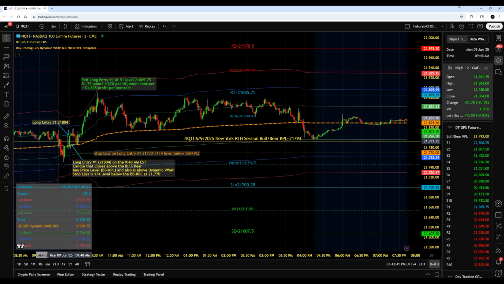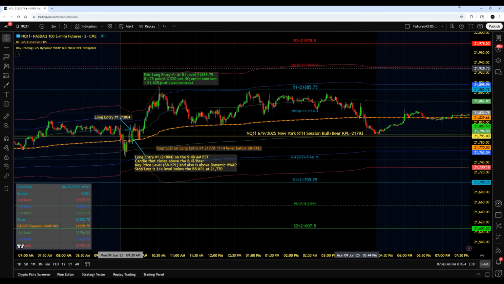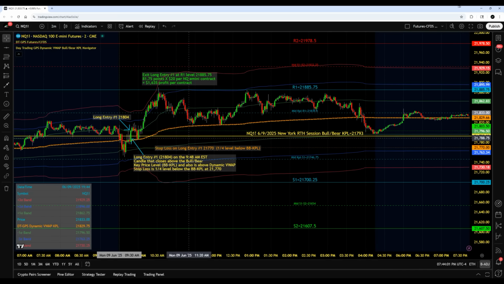Your stop loss would be a quarter level below the bull bear key price level. So that would be 21,770. So your entry is 21,804. Your stop loss is 21,770, a quarter level below the bull bear key price level.